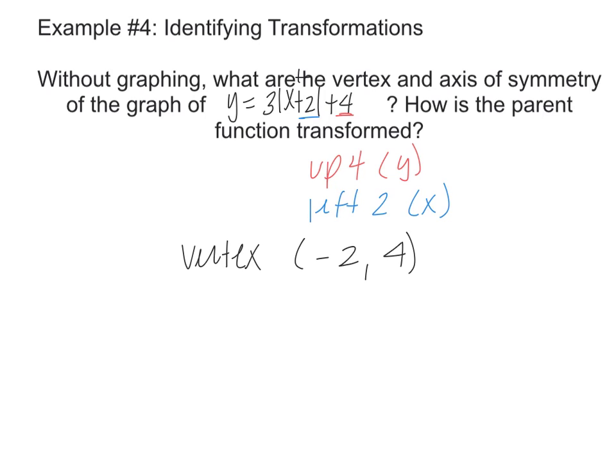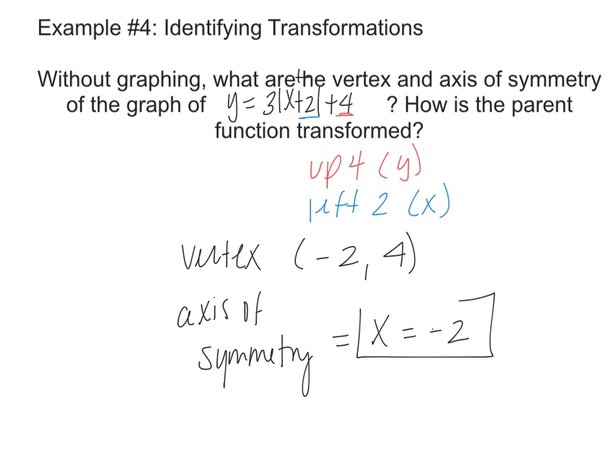And then our axis of symmetry technically goes through our x-coordinate. So our axis of symmetry is going to be equal to x equals -2, because it's the vertical line that's going to go through our vertex.